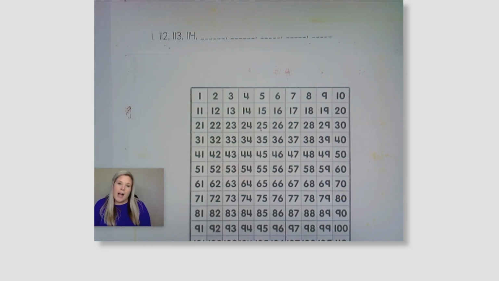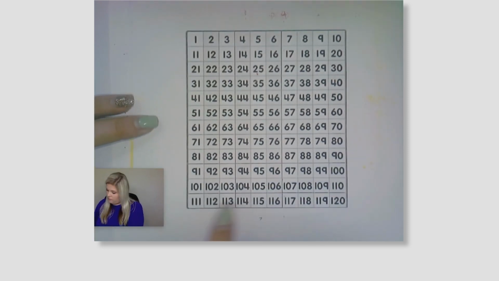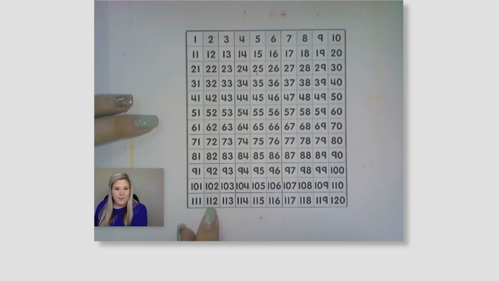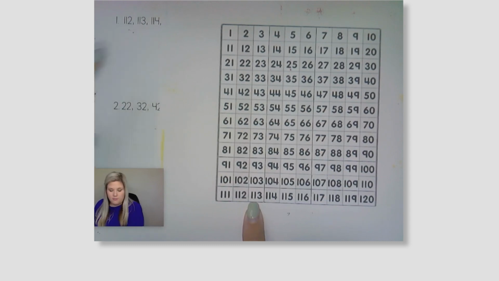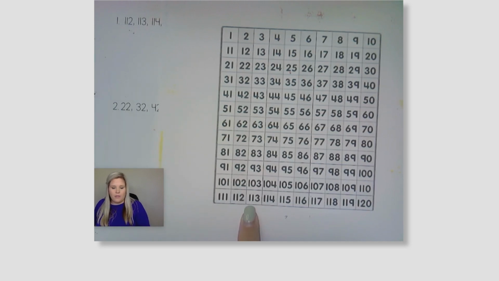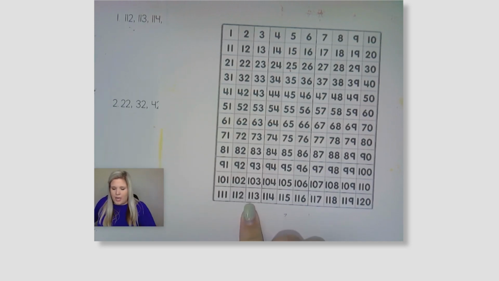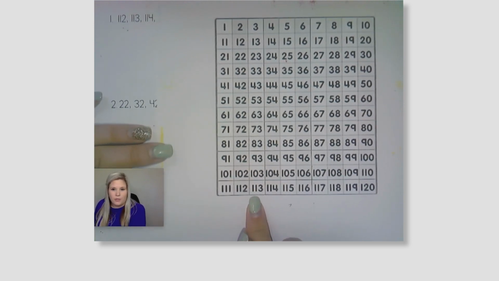So first, I am going to find the number 112 on my 120 chart. The next number in the problem is 113. So I'm going to find that on my 120 chart. Then the next number in my problem is 114. So I'm going to find that number now on my 120 chart.